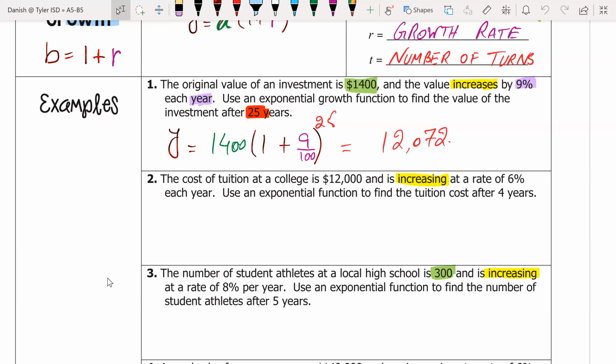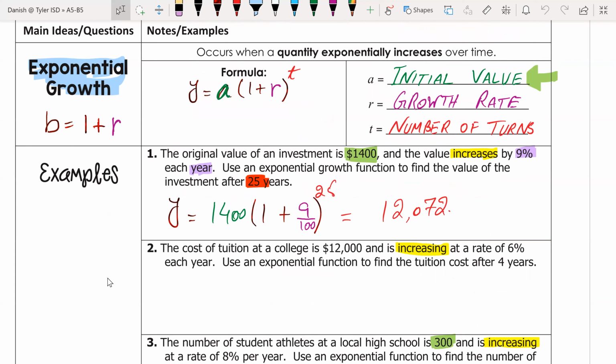What's the 8% here? The growth rate. Yes, and what letter are we using for this? R, exactly. R is the letter that we are using here. So I will highlight this 8% in purple.